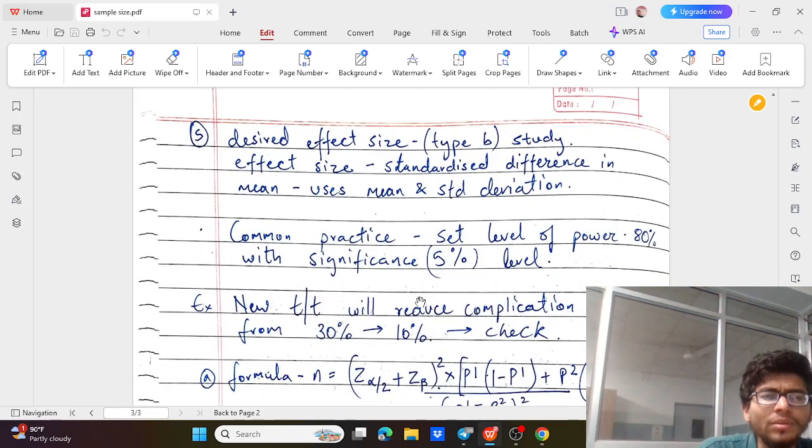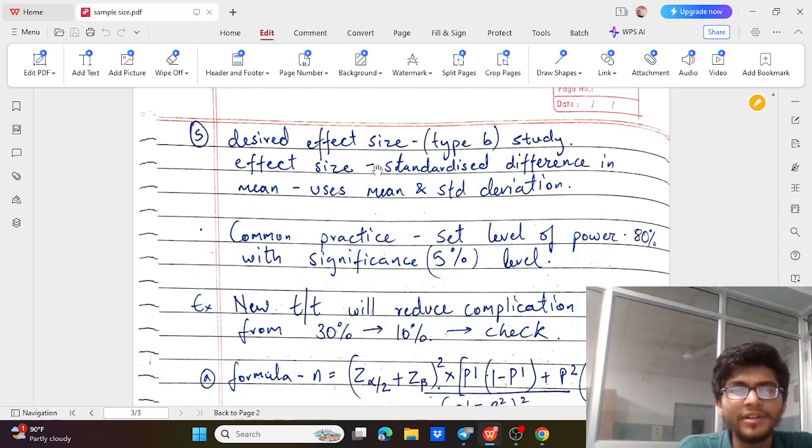Then coming to the fifth part, that is the desired effect size, that is again for type B study, that is hypothesis testing. So here we study the effect size. So what is that? That is standardized difference in the mean.